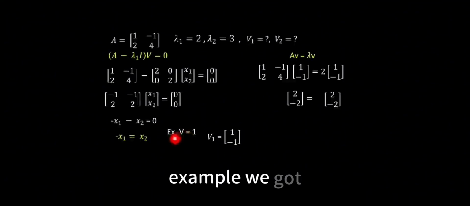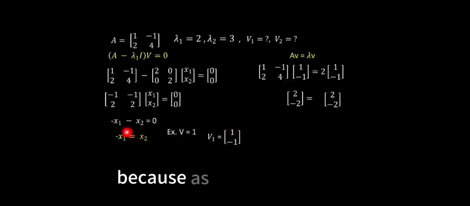So as you can see here, for example, we have vector v1, where x1 is positive 1, and x2 is -1.